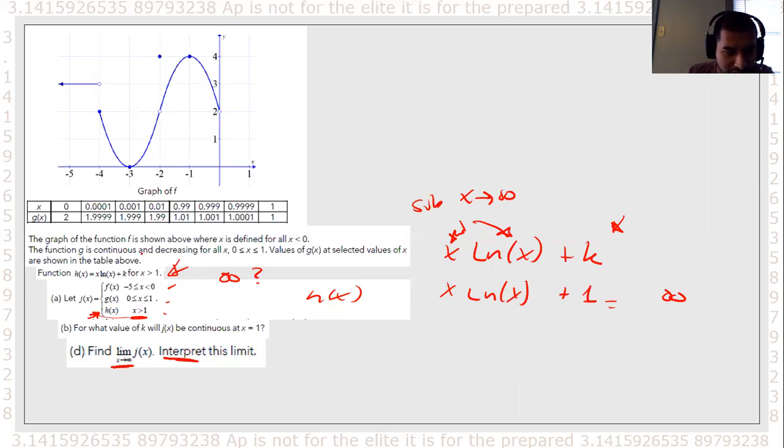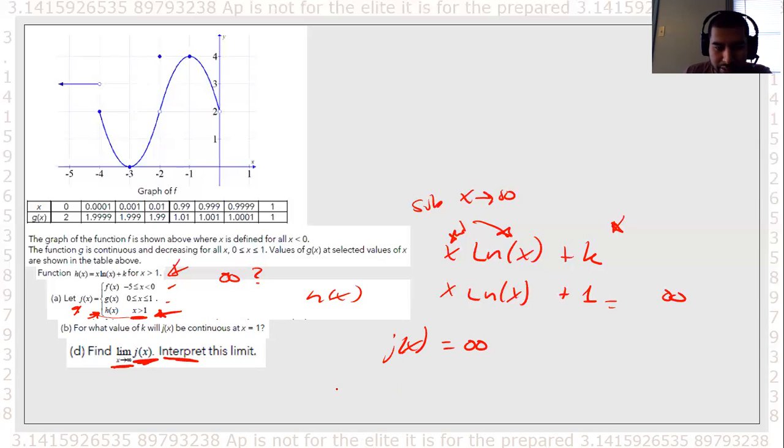So we use this function, and it's in terms of j of x. So if this is going to infinity, and it's inside the piecewise function of j of x, j of x we can say is also going to infinity.